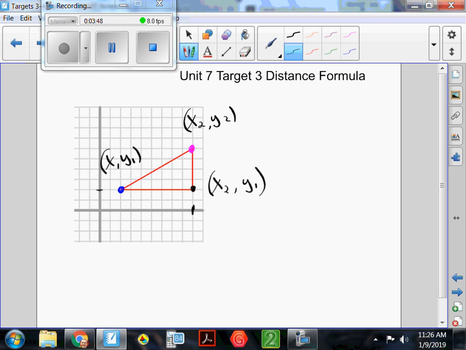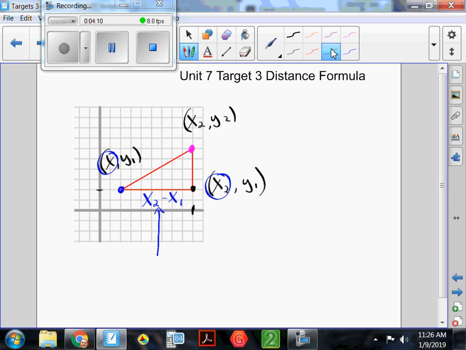I might wind up erasing that to make it easier to see, but essentially, to find this bottom length, I'm going to take x2 minus x1, because those are my two x's. So this is x sub 2 minus x sub 1. That's the same thing I did with the numbers before, but now I'm using letters to show the second x minus the first x.